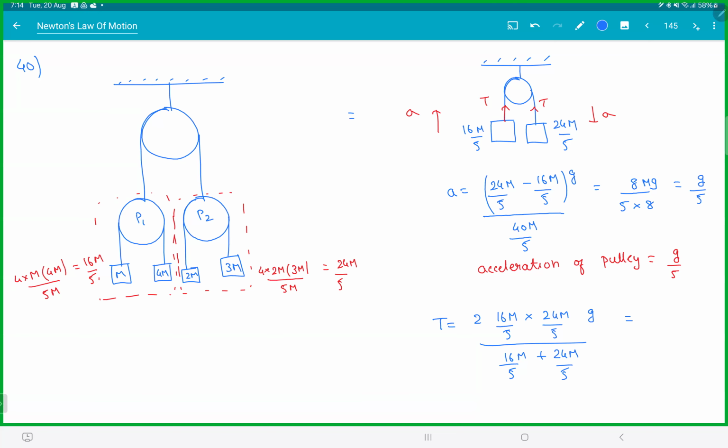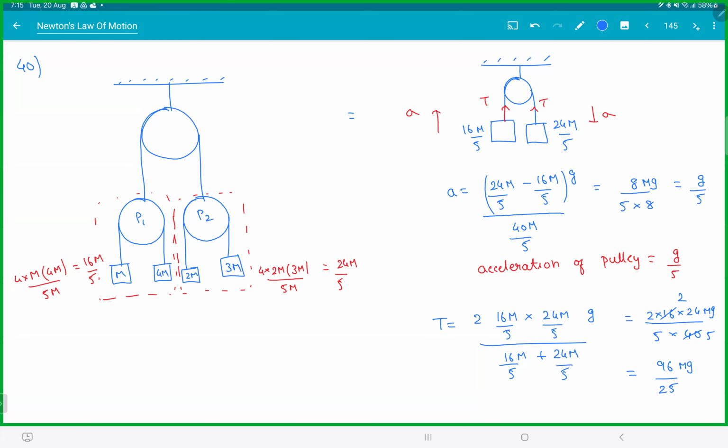The m will cancel, 5 will cancel, it will be 2 into 16 into 24 mg by 5 into this, 16 plus 24 is 40. 8 twos are 16, 8 fives are 40, 24 times 2 is 48, 96 mg by 25. Is that right? Everyone clear with that?